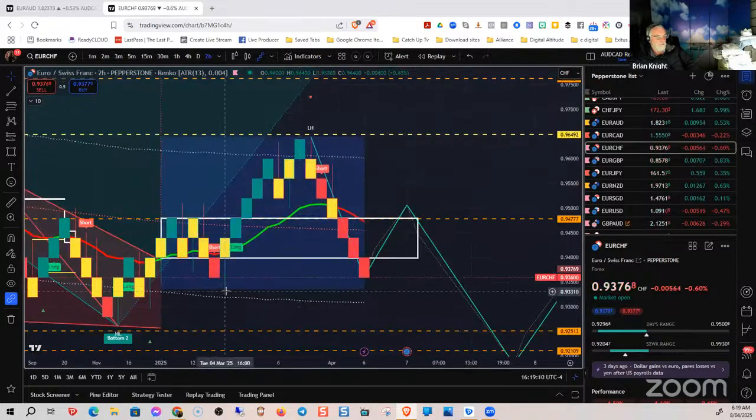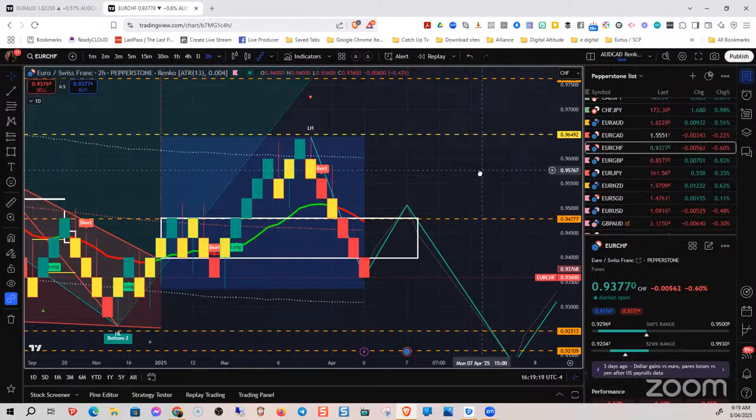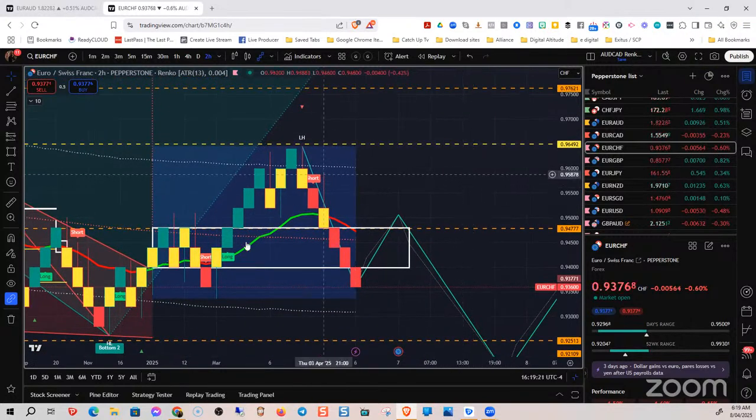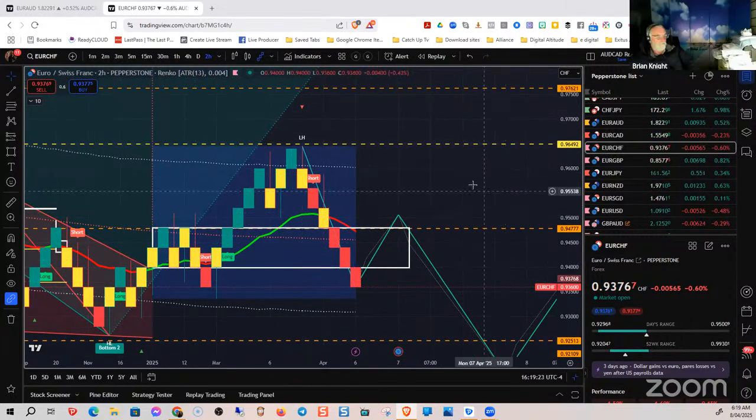So there's a wick there for it to potentially break there. Yeah, but your box is wrong. And a wick up there.